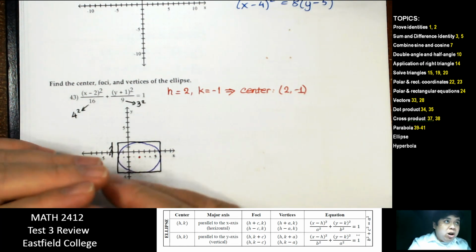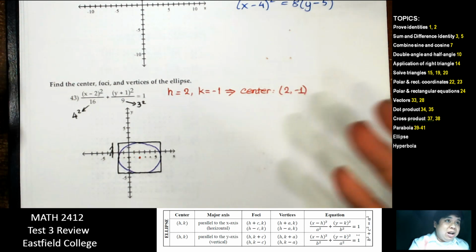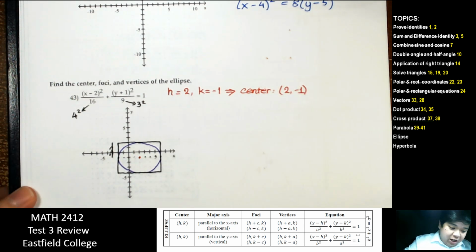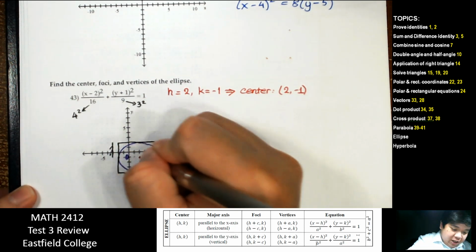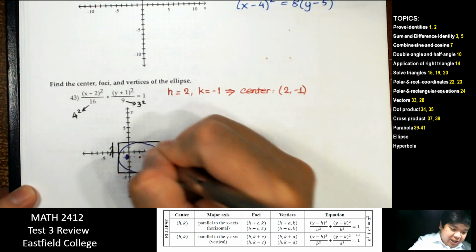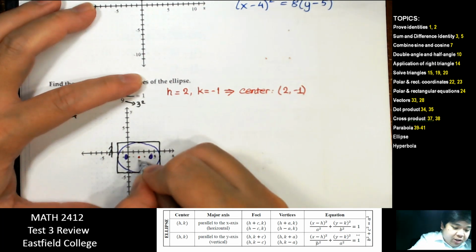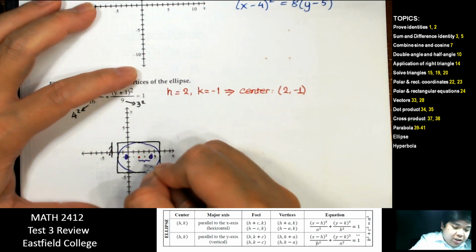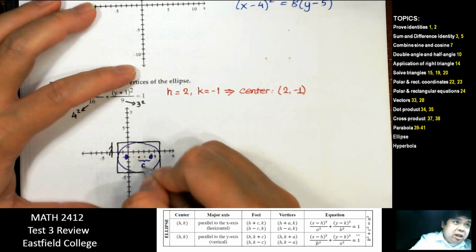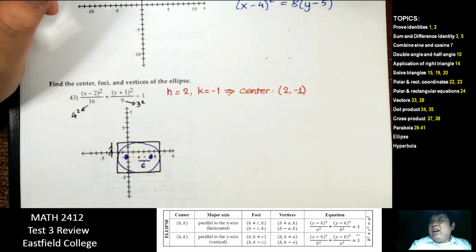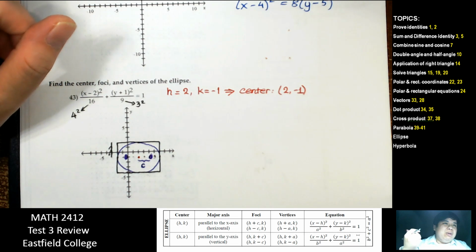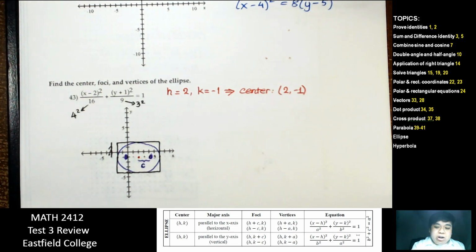Since this one is horizontal, when we draw that we know that the foci are somewhere in here and somewhere in there. And the distance from the center to the foci is always equal to c. Of course, we have the formula b squared plus c squared is a squared. That's not really important.